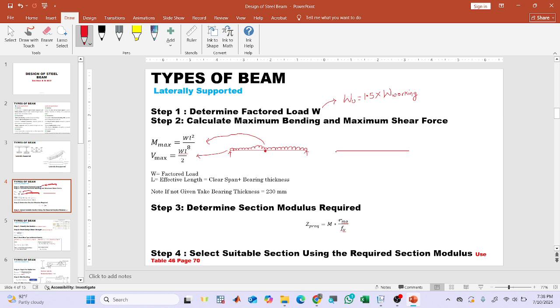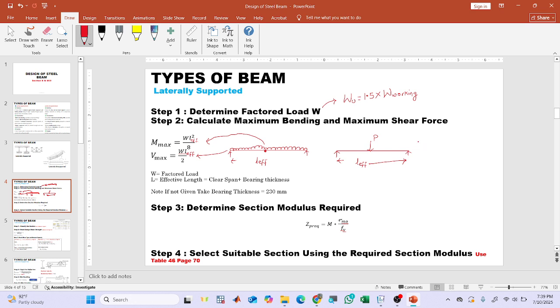But if the question tells you that the loading is just a point load, let's say of value P, and this is my L, in fact this is L effective length. I will discuss what effective length is.